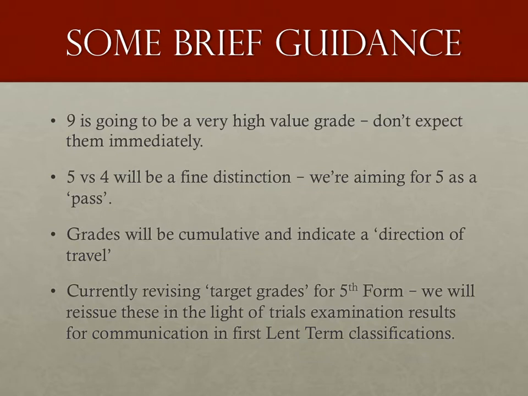What it indicates is a direction of travel, i.e., what you've been doing recently indicates that if you keep on going the same way, that grade, the 6 in this case, would be what you would be likely to get at the end of the course. Therefore, there will be a degree of variation between one classification period and another, but broadly, classifications are cumulative in their effect.